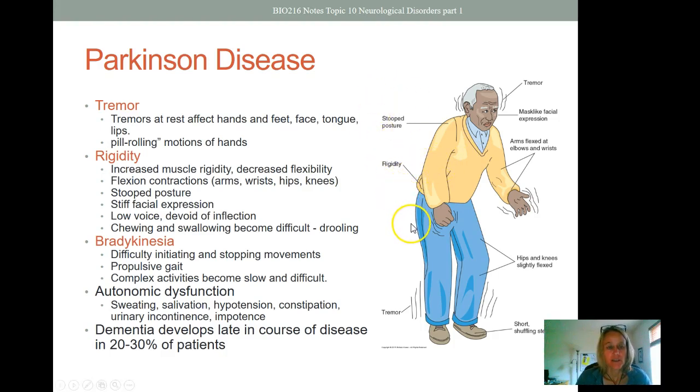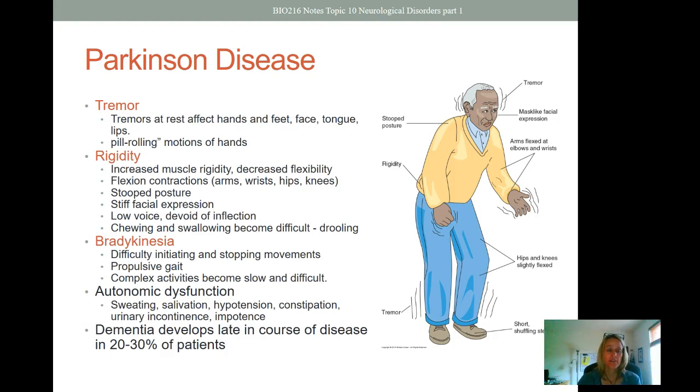We see flexion contractions in the knees, hips, elbows, and wrists, a stooped posture, a stiff or mask-like facial expression, and a low voice that's devoid of inflection. Chewing and swallowing become difficult, and this can result in drooling.